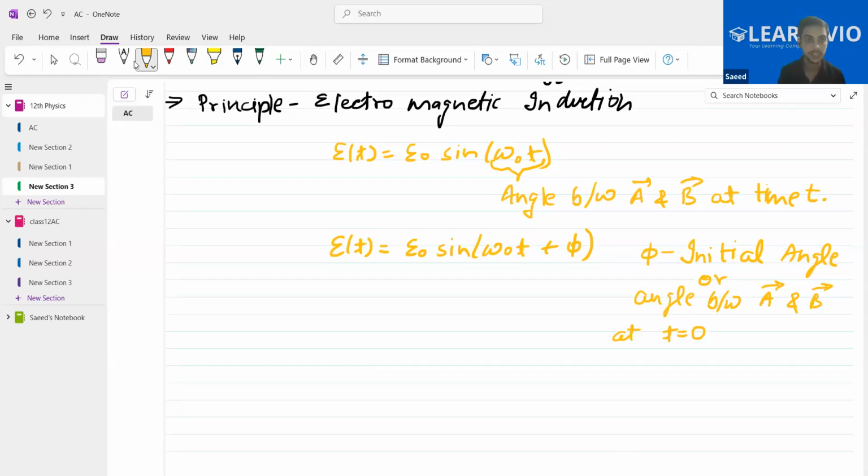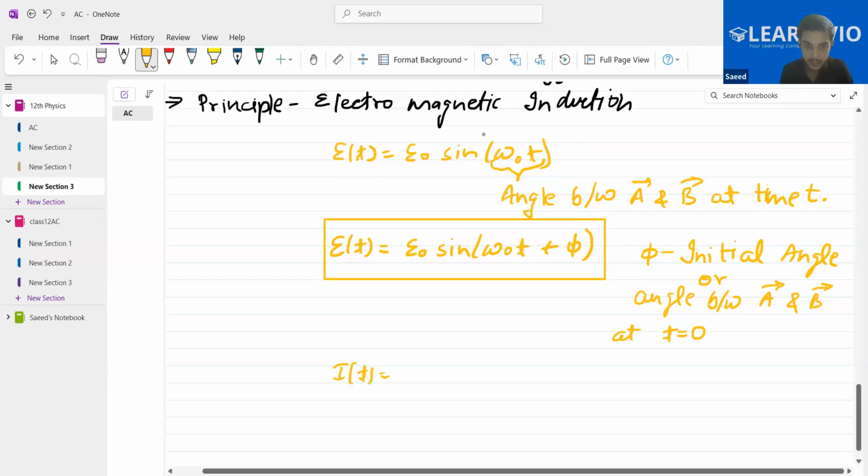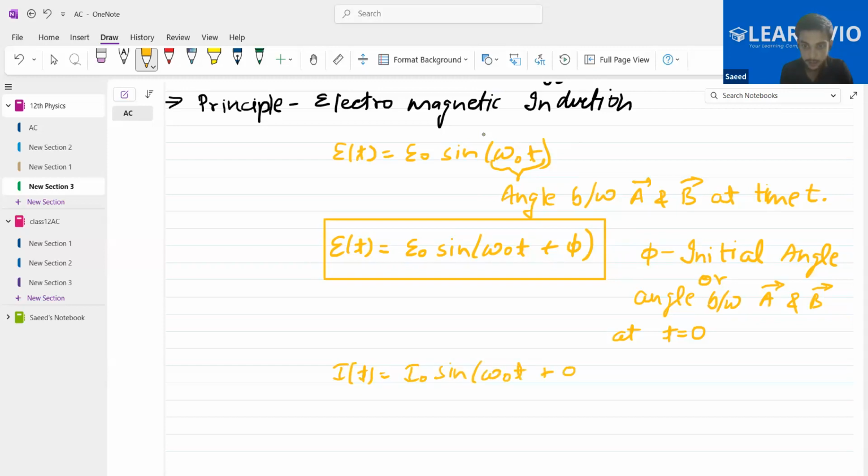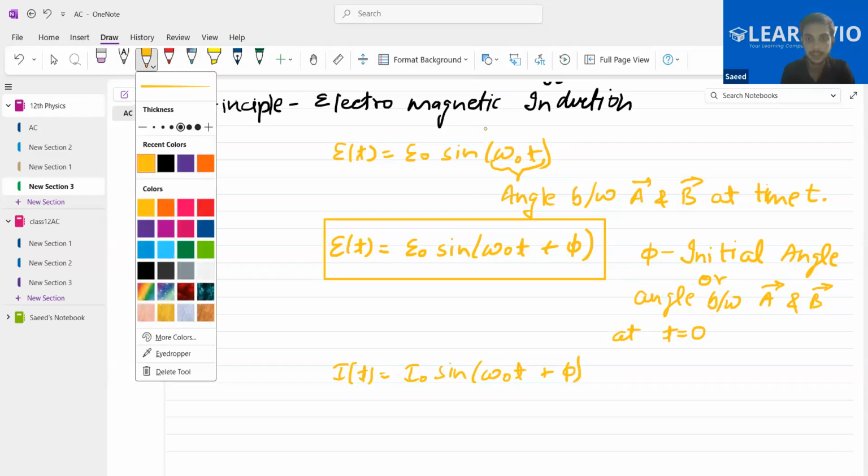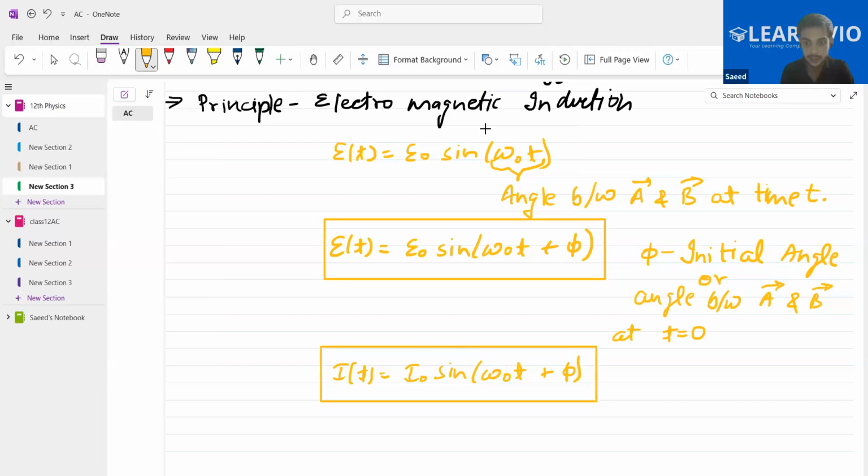So this is our complete equation for E of t. Now it is totally perfect and we do not require any change here. And I of t should be I naught sine of omega naught t plus phi. Understood? This is the I of t here.